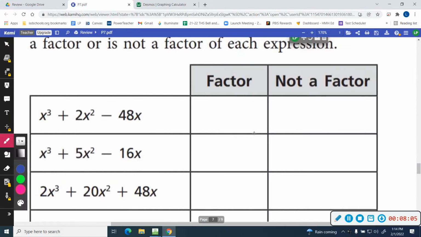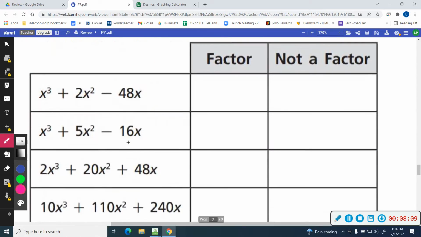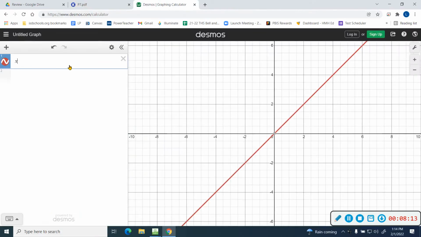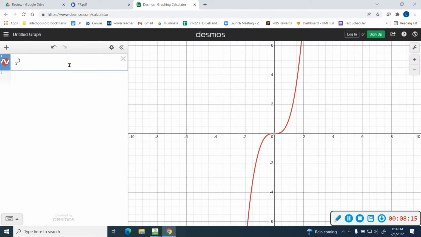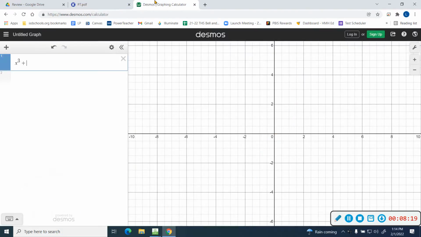And again, the reason why it's minus 8 is because the factor is x plus 8. So let's type all these in. x to the third plus 2x squared minus 48x.